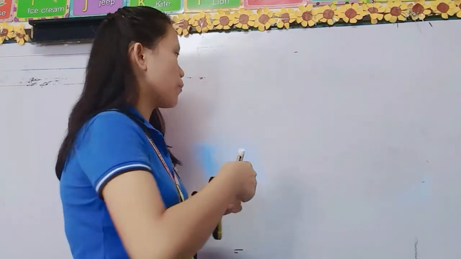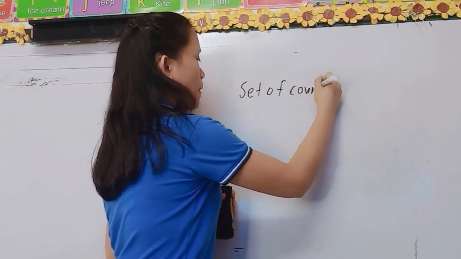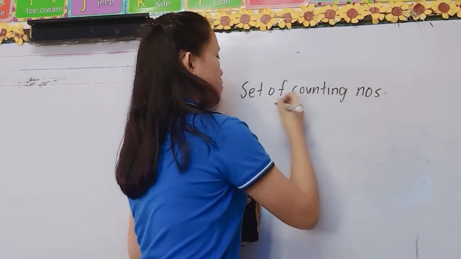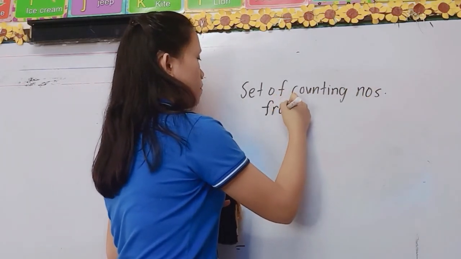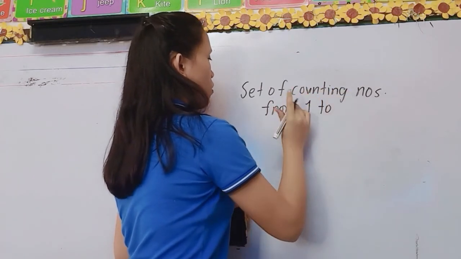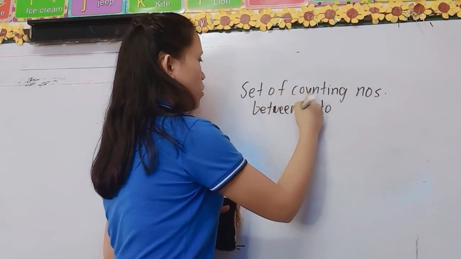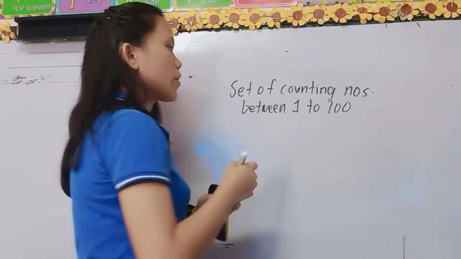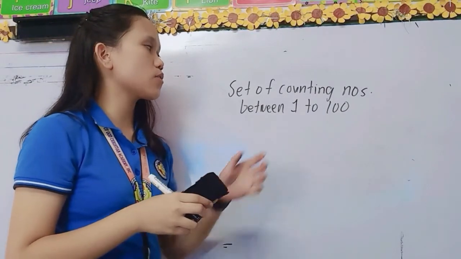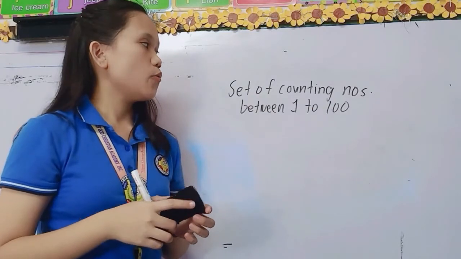Another example, the set of counting numbers between 1 to 100. So are we going to list them down from 1 to 100? If you list 1 to 100 on your paper or on the board, you will consume much time.